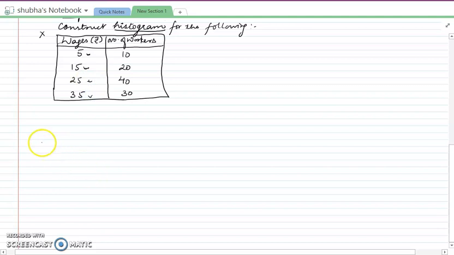Now how do we convert it into class intervals? First we take the difference between two midpoints. Like one midpoint is 15 and one is 5. We take the difference of it, it is 10.